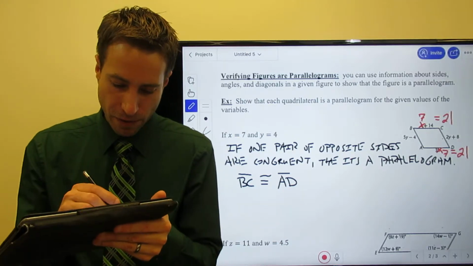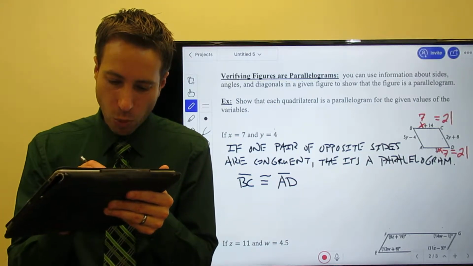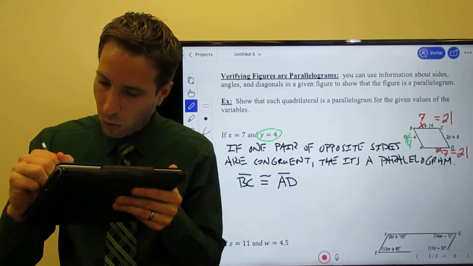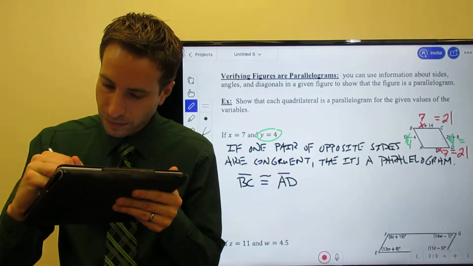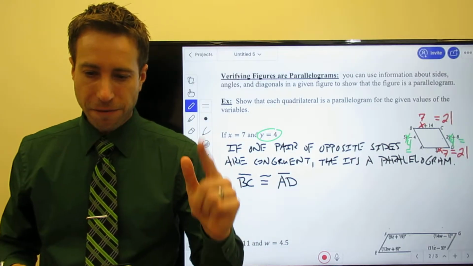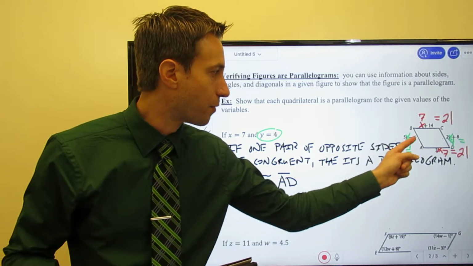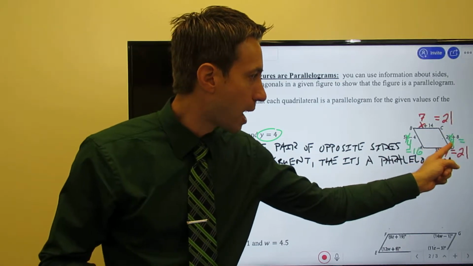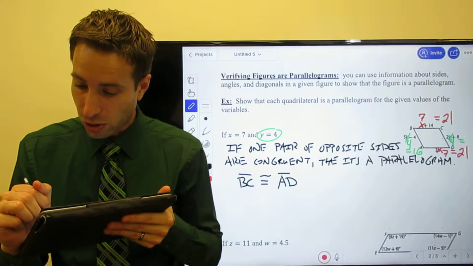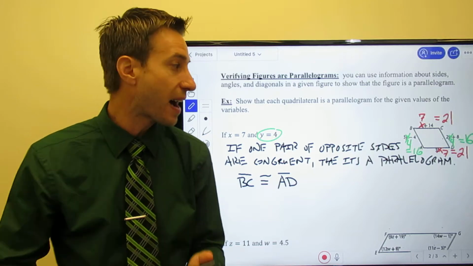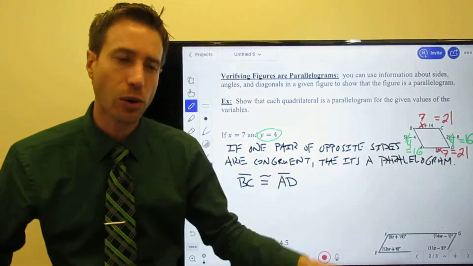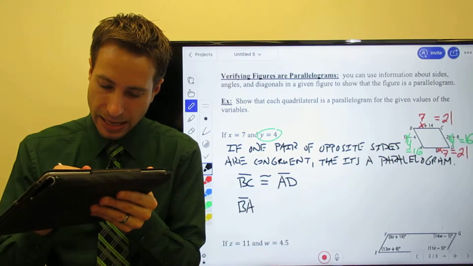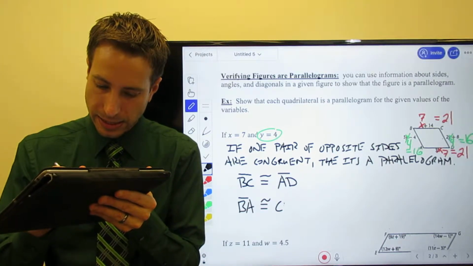We can, though, go a little bit further. I've got the information here. I know that y is equal to 4, so everywhere I have a y, I'll plug in a 4. 5 times 4 minus 4 is 16. 2 times 4 plus 8 also is 16. Even if I had done these two sides, I still wind up with the same thing. 16 is equal to 16, which means that side BA is congruent to side CD.